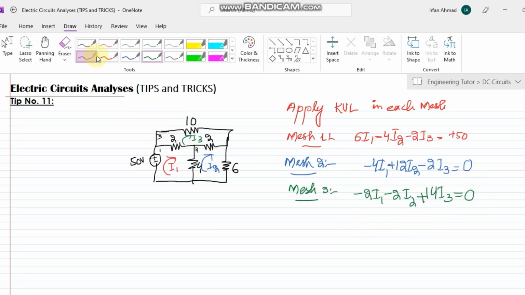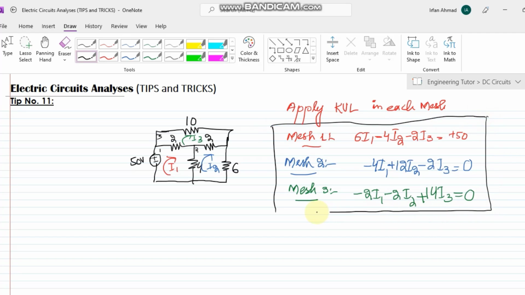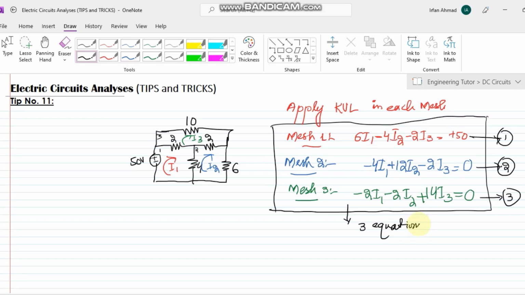So this is the system of equations, with 3 equations. Let me call them equation 1, 2 and 3. Whatever method you like, you can solve these 3 equations with 3 unknowns, which are I1, I2 and I3.